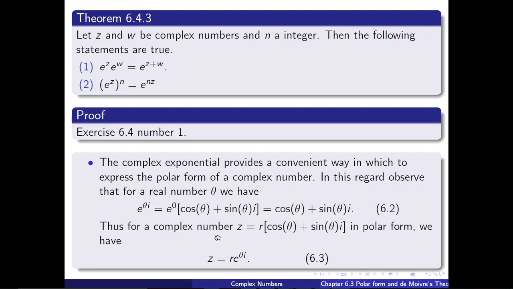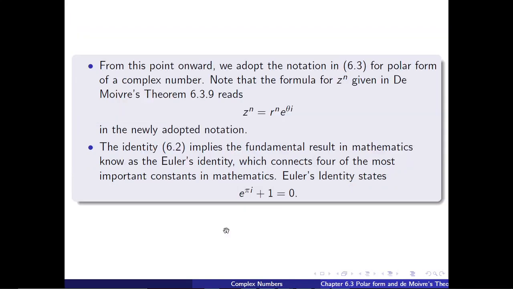And thus for a complex number z, which is equal to r times cos theta plus sine theta i in polar form, we have z equal to r times e to the theta i, right? And from this point onward we adopt the notation in 6.3 for polar form of a complex number. And note that the formula for z given in De Moivre's theorem 6.3.9 reads z to the n is equal to r to the n e to the theta i, right?